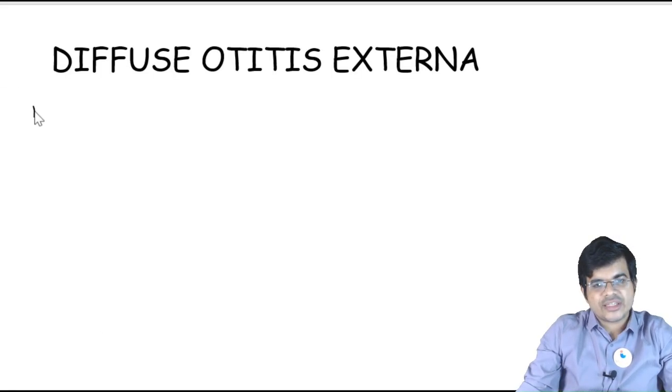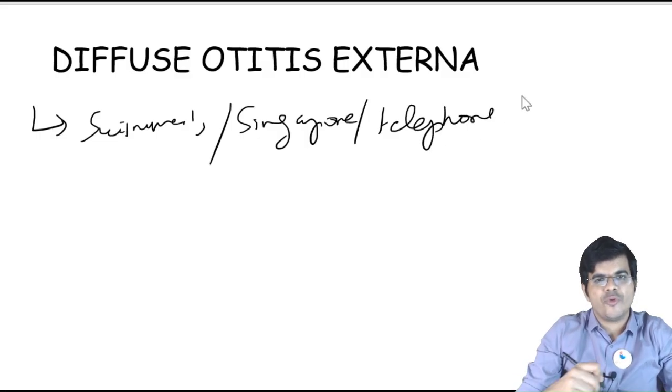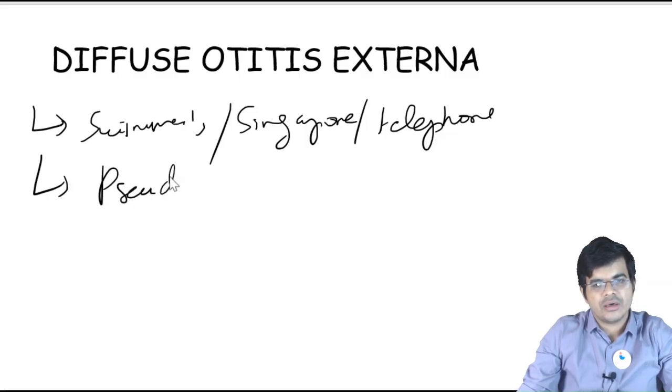The diffuse otitis externa is also known as swimmer's or Singapore or telephone ear. Okay, this can be asked as a one-liner for you. Okay, and it is caused by Pseudomonas aeruginosa.